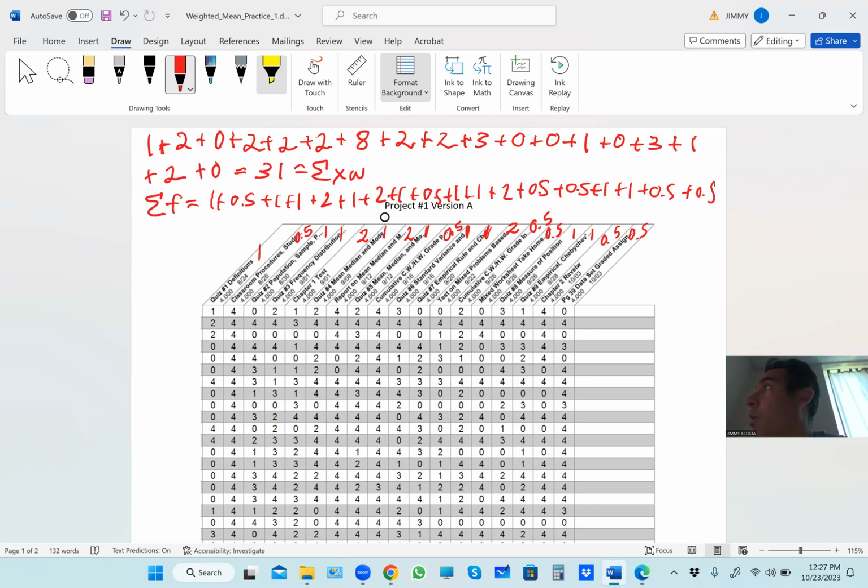And all your problems here will be by the same weight, whatever weight I say now. So obviously what changes is your numerator. 1 plus 0.5 plus 1 plus 1 plus 2 plus 1 plus 2 plus 1 plus 0.5 plus 1 plus 1 plus 2 plus 0.5 plus 0.5 plus 1 plus 1 plus 0.5 plus 0.5.